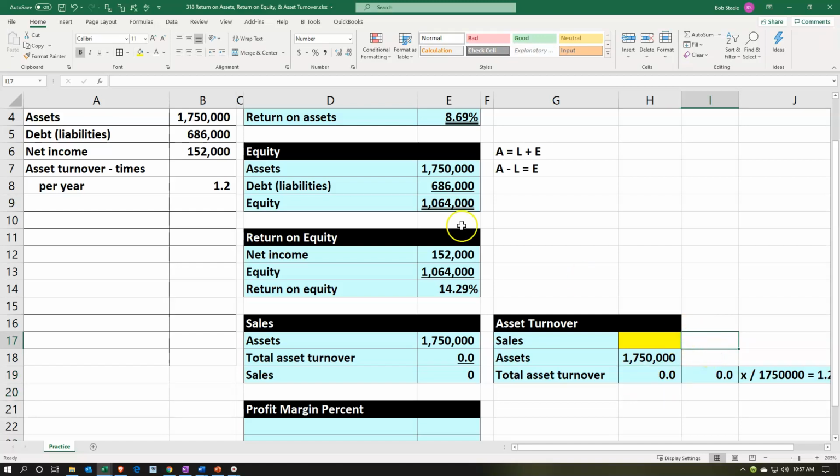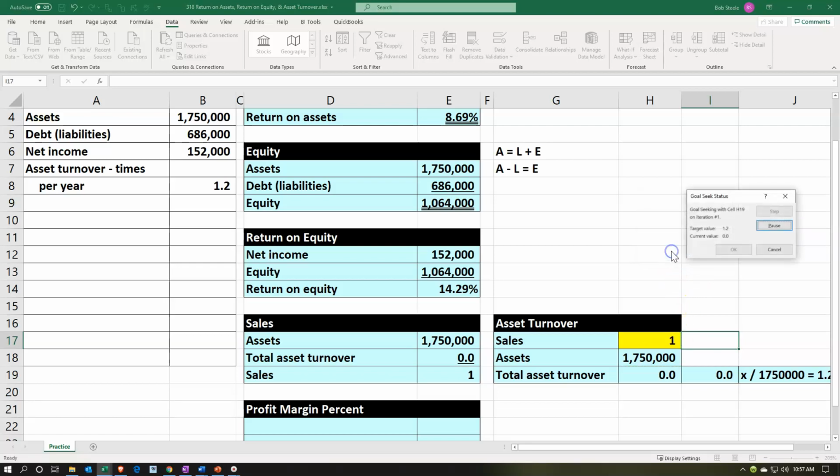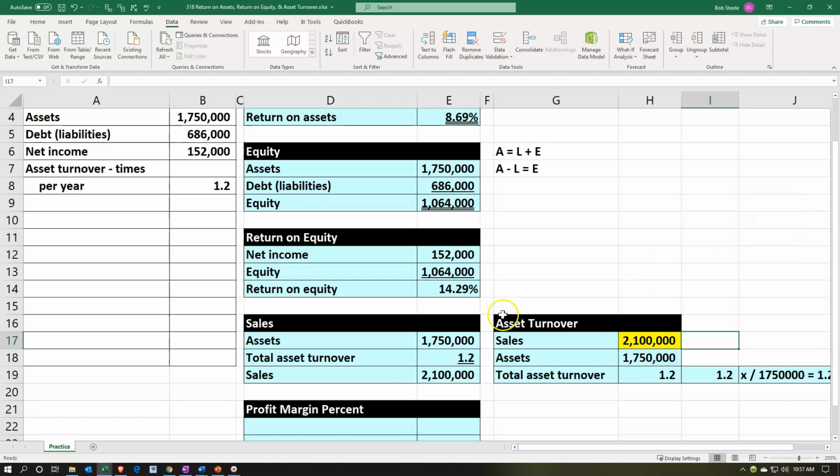So that's going to be under the data tab, the forecast, what if analysis, goal seek. And then we want to say, hey, change this cell, would you please, Excel, to 1.2 by adjusting this cell because they're related by formula. It'll do a trial and error to do that. And then it'll pick up, there it is, the 2,000,001.